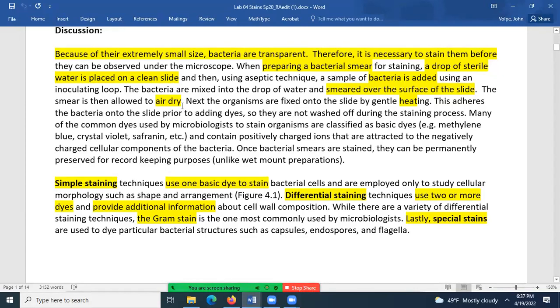The reason for doing these 2 is to get the bacterial cells to stick and attach to the glass. If you do not allow the smear to air dry and heat fix, then the bacteria will not attach to the glass, and then the water washing or other steps will wash away the cells. Any question about that?